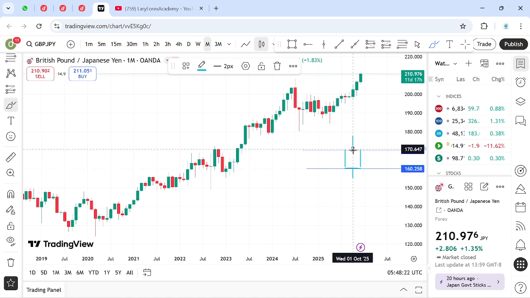Let's say it pushed to price 177. This is basically called the wick being created. Now when it comes back, you have this area here, which is the body. This body is basically where we can consider price closing.